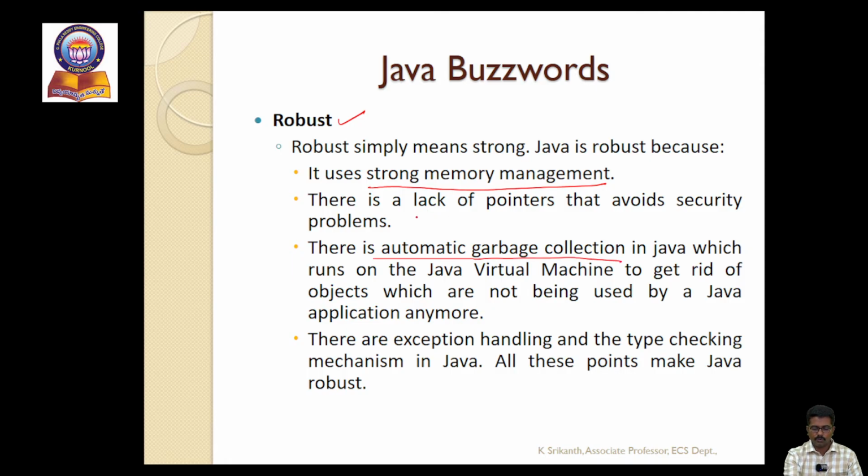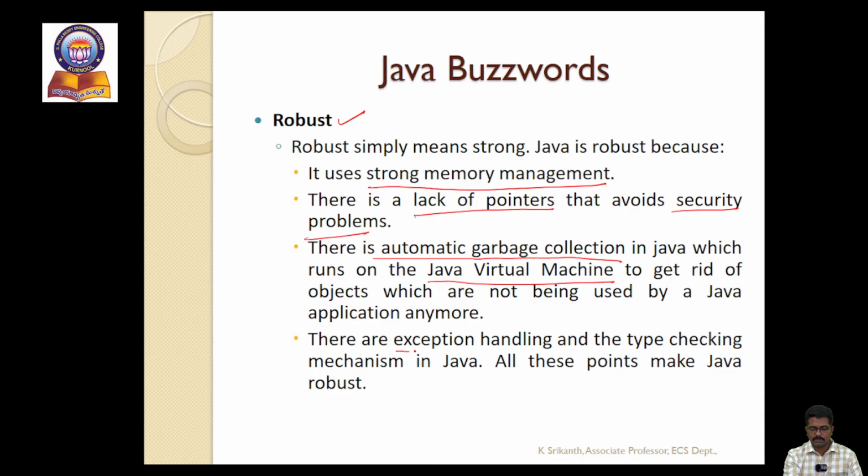There is no pointer concept, which avoids security problems. Automatic garbage collection is present in Java, so there is no bother of clearing the heap, and the JVM will take care of the garbage collection.